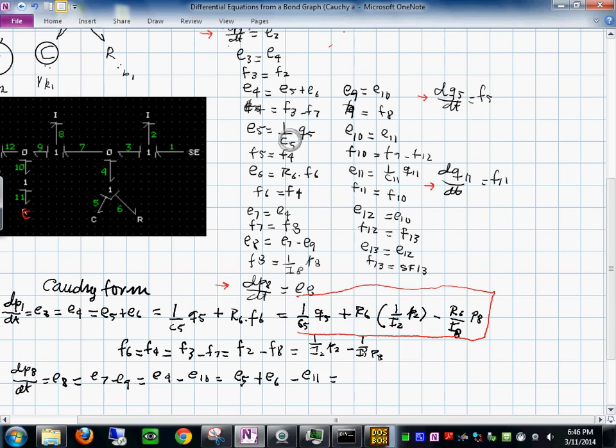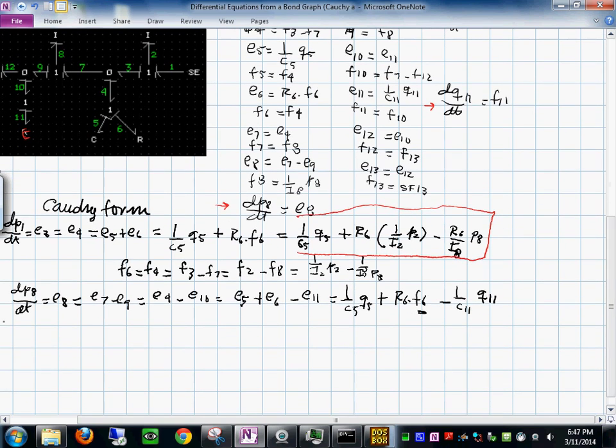And e sub 5 is 1 over c sub 5 q sub 5, plus e sub 6 is r sub 6 times f sub 6, minus e11, which is 1 over c11 q11. Very interesting. Everything is cool here except this. But you see we already did that one over here.